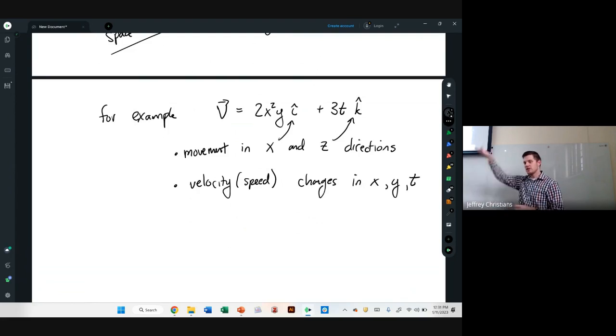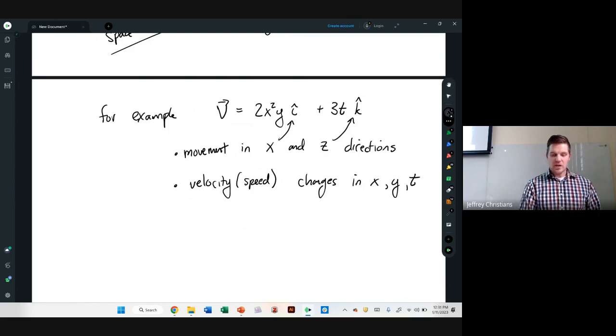So it would be changing vertically, but not pointing vertically. It might be pointing kind of in one of these directions, but it's changing in the up and down direction. So we're going to use that kind of language quite a bit as we're describing flows. Which way is it pointing? In which directions is the velocity changing? Those can be the same thing. Those can be different things.